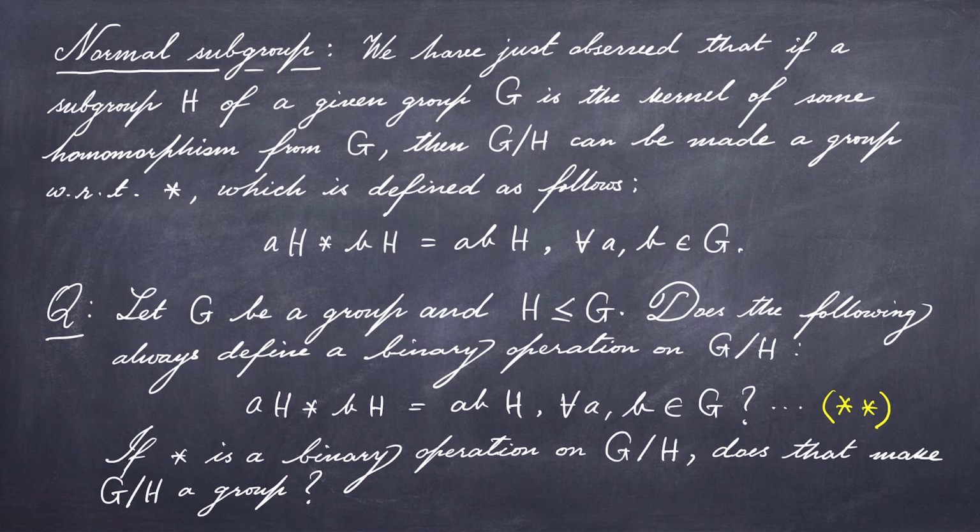Namely, the first one is how to make a map bijective, and the second is the transport of structure. We directly make the set of all left cosets a group in a very natural way, and in that process, the way the group structure is made, it automatically becomes isomorphic to the image of phi.